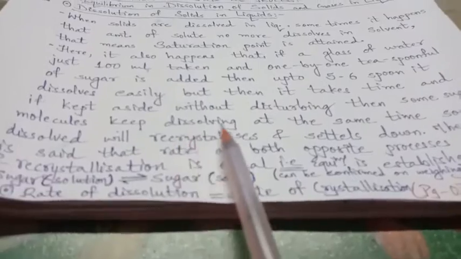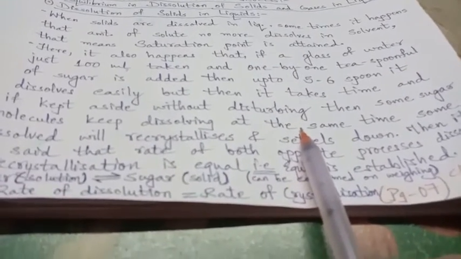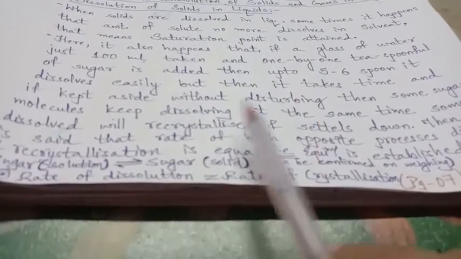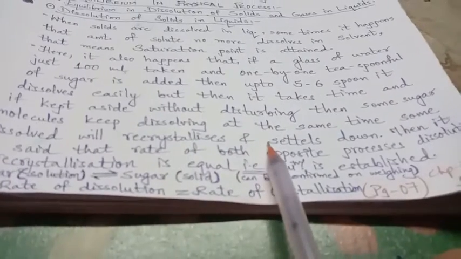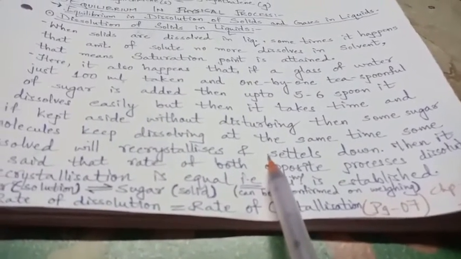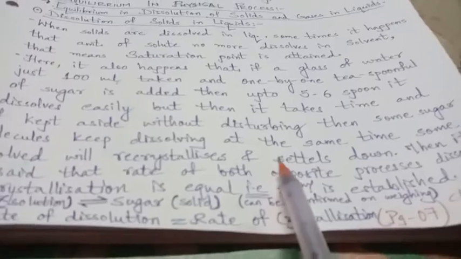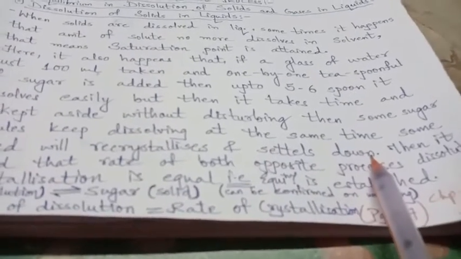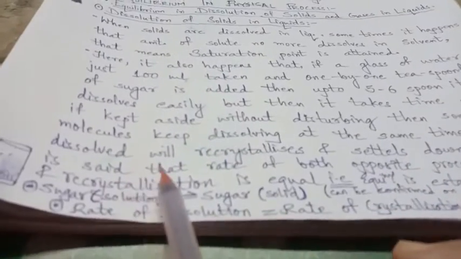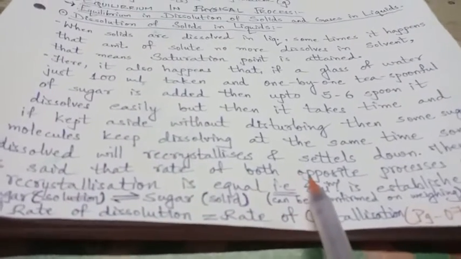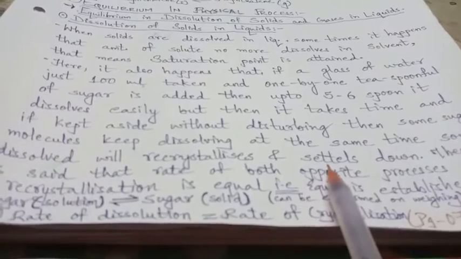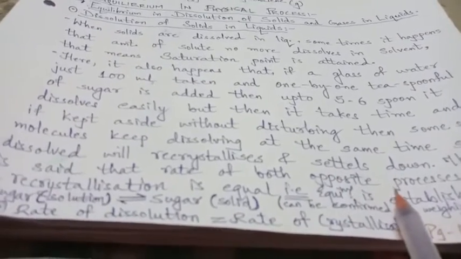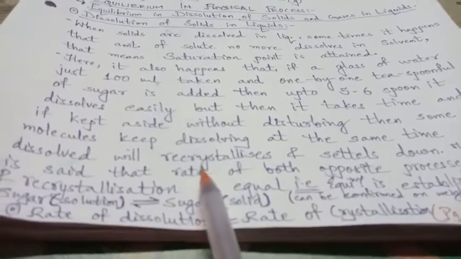And if kept aside without disturbing, then what happens? Sometimes the sugar molecules keep dissolving. If we keep that solution aside undisturbed, we'll find that some of the sugar will start dissolving, but at the same time, some of the dissolved sugar recrystallizes back. So as recrystallization takes place, at the same time dissolution takes place.